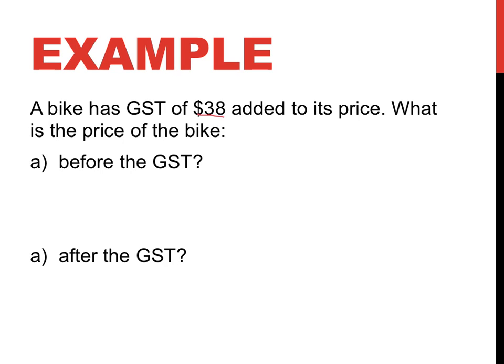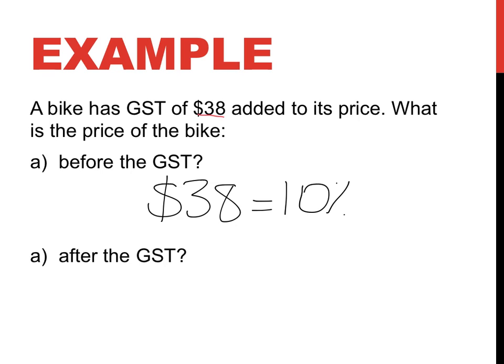Well, this is where we're going to use our calculator. $38 represents 10%. We need to find what 100% is, or what it was worth, 100% of its value before GST.